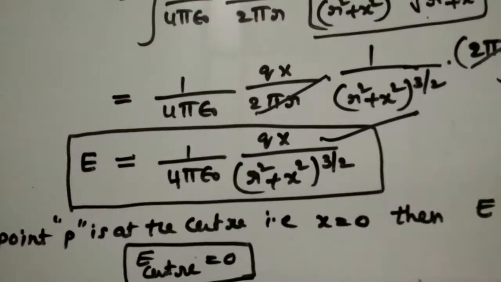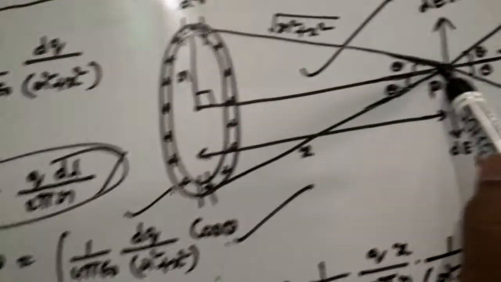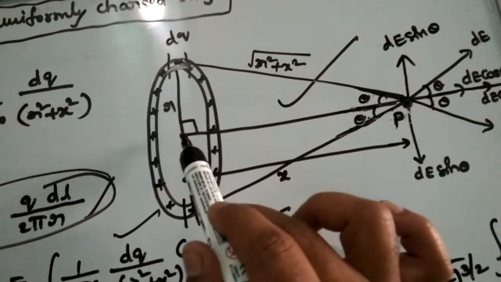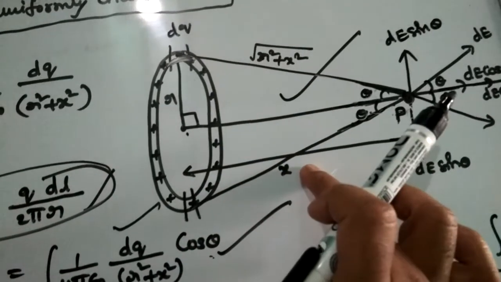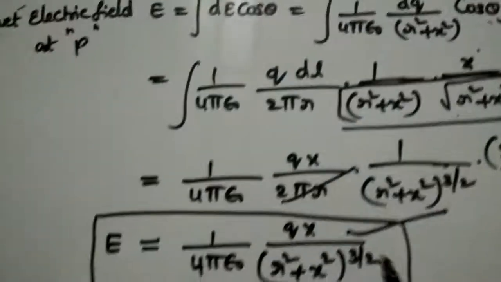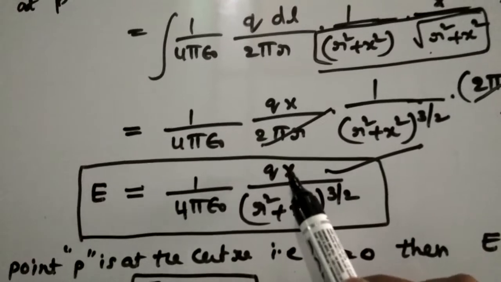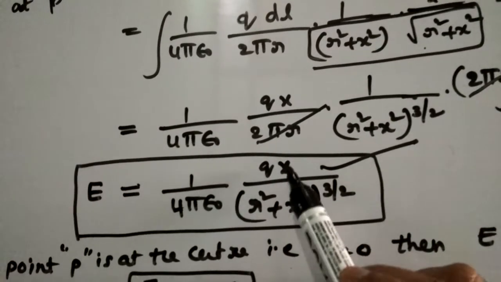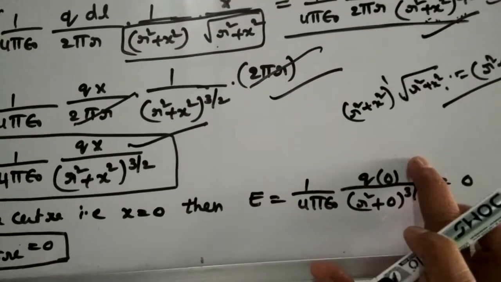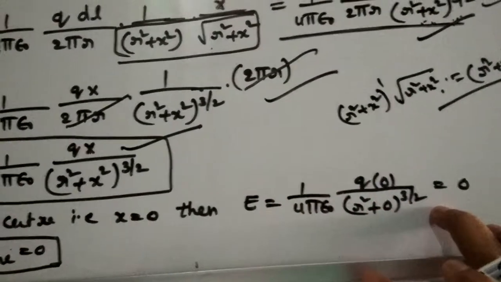Suppose the point P is at the center. That means x becomes 0. Again in this formula, substitute x equal to 0, and automatically 0 into something is 0. Check it, the electric field becomes 0.